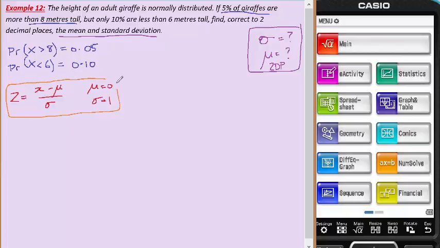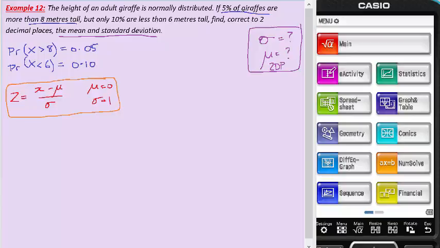This is talking about Z. It doesn't mean the mean of giraffe height is 0 and the standard deviation is 1. That would say the average giraffe height is 0 metres tall, which we all know, even though we're not on the safari, is just not true. So we're going to try and convert some information into this z-score equation, considering the information we already know.